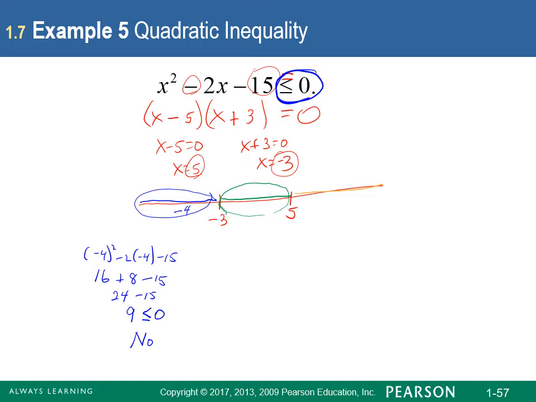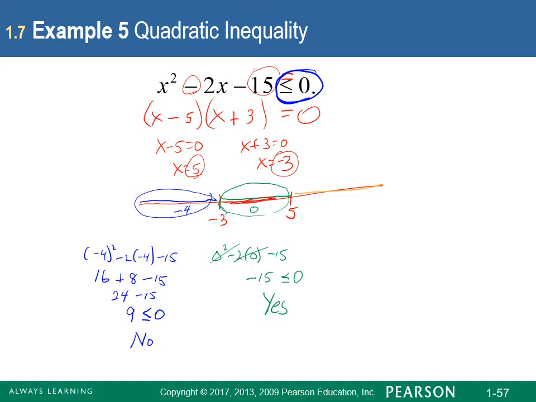By substituting it into the quadratic, we'll determine whether or not it is part of the solution. For example, 0 is in between negative 3 and 5. 0 squared minus 2 times 0 minus 15 is very easy to calculate. That's just negative 15. Is that less than 0? And the answer is yes. So that is part of our solution.